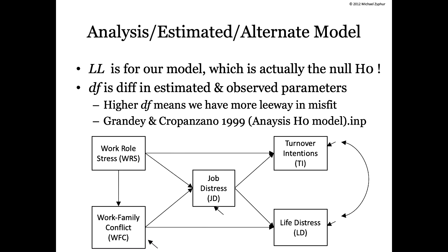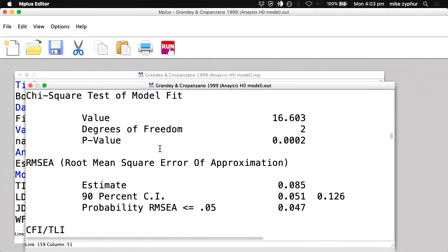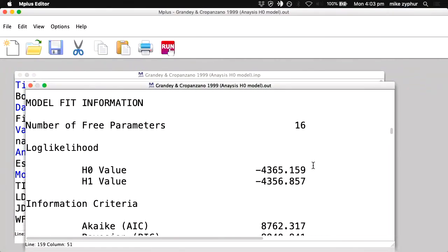So if we go to the Grandian, I really should choose a different article because I've never been able to say that felicitously in these talks. So if we go to the Grandian-Crapanzano model, our output, when we look at it, now we know, what is this? H naught.